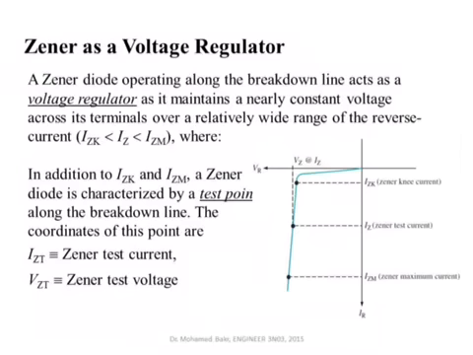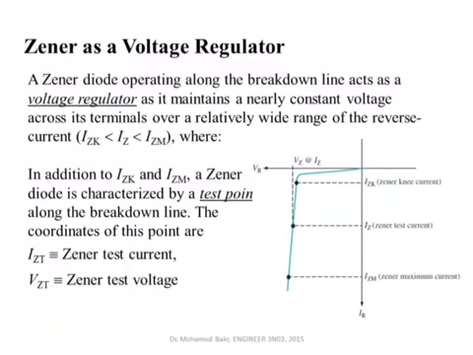Okay, when you try to draw the characteristic of the Zener diode in the breakdown region, this is the breakdown region. They usually define this breakdown line through 3 points. The first one is called the knee current and knee voltage. So this point here is called IZK, and the corresponding voltage is VZK.